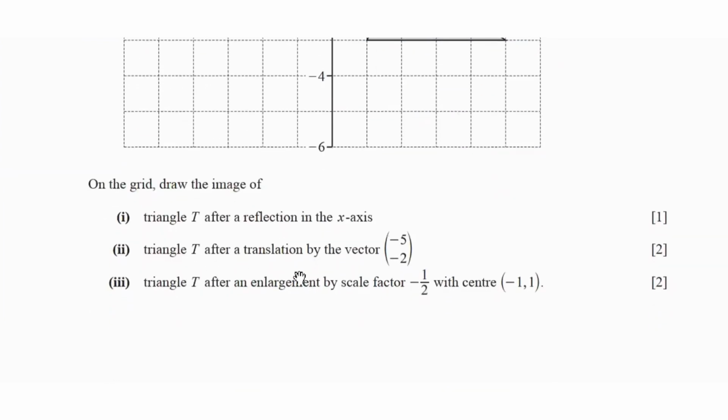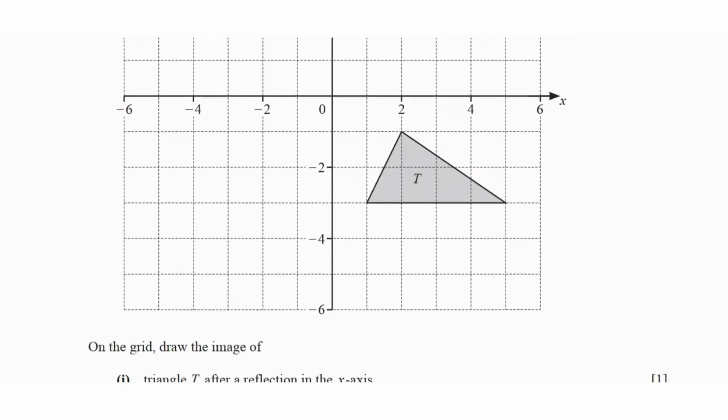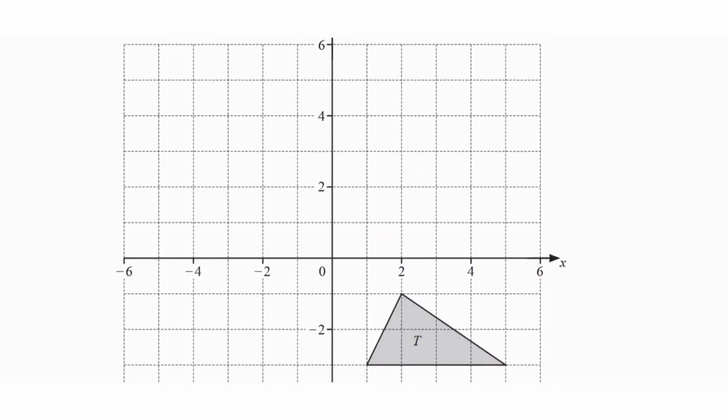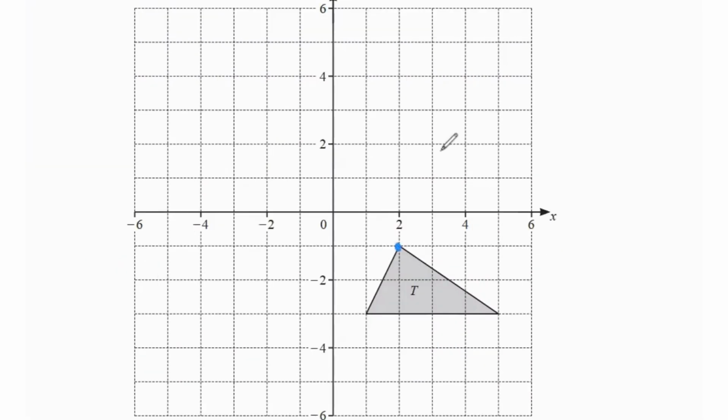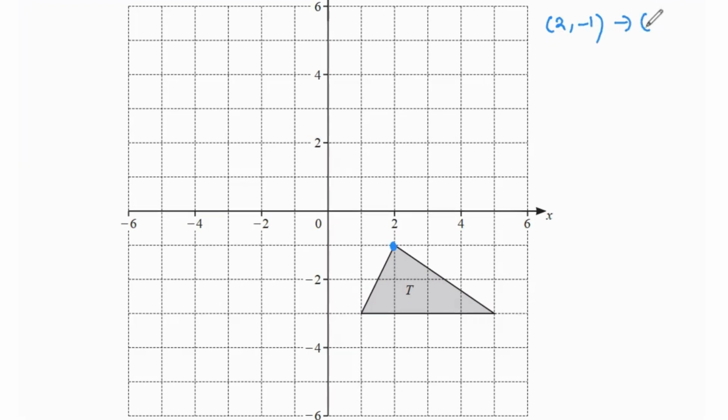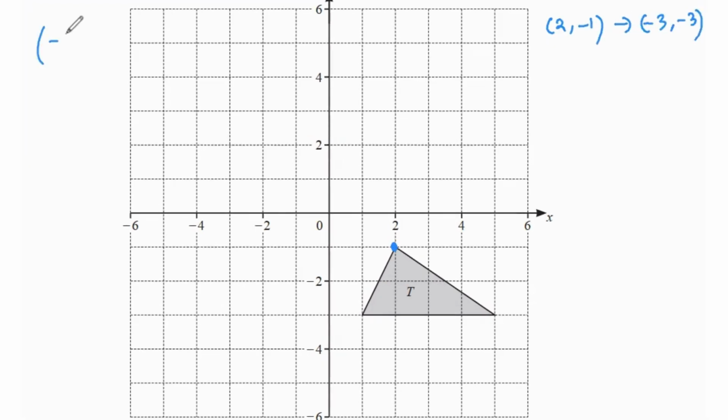This is triangle T after translation by a vector of -5, -2. So after translation by a vector -5, -2, this point over here, 2, -1, will become -3, -3, keeping in mind that the translation vector is -5 and -2.